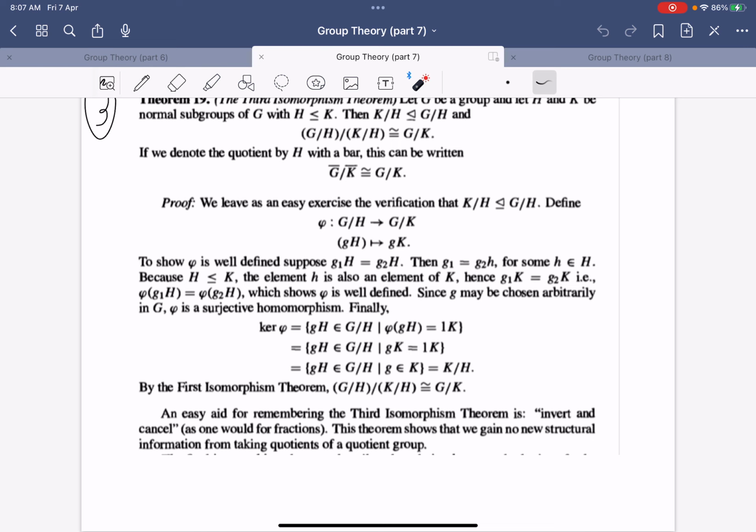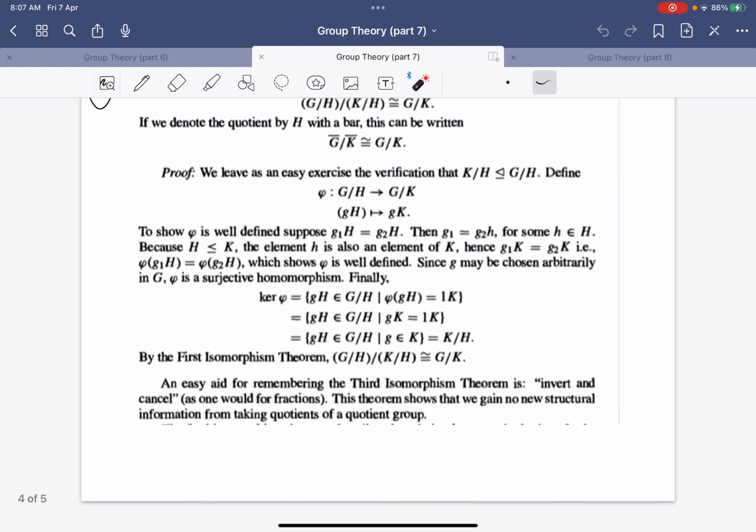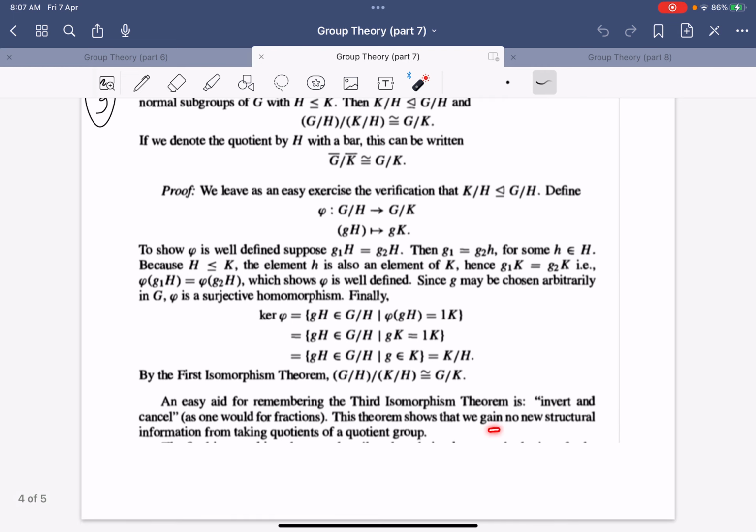So what we can really say now with the third isomorphism theorem is that you gain no new structural information from taking the quotient of a quotient group.